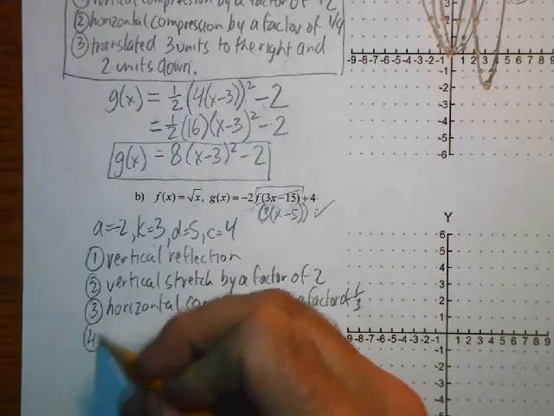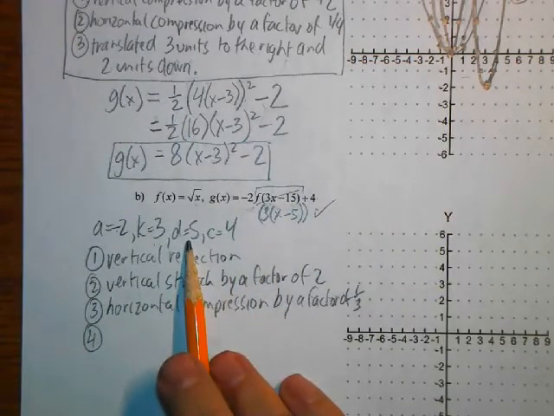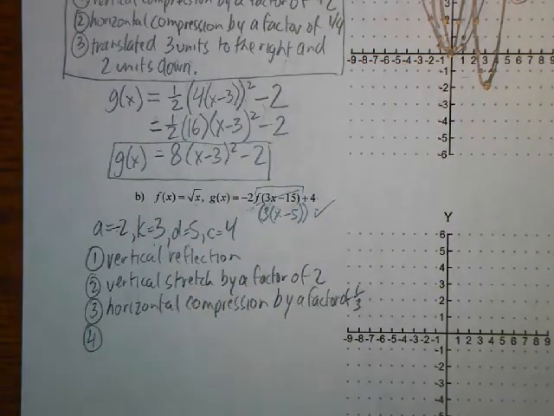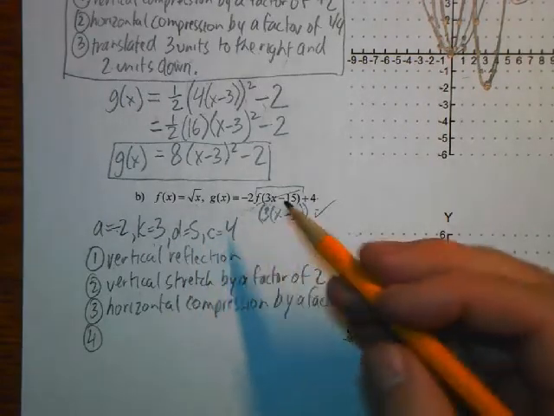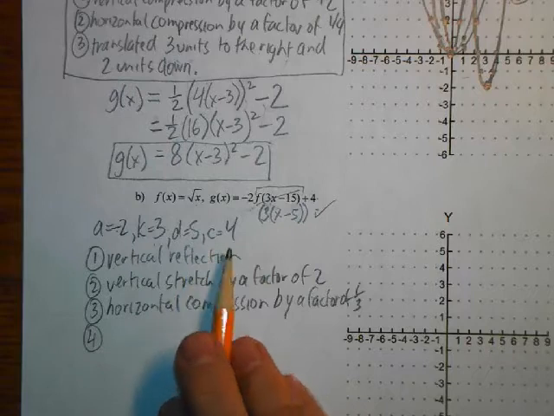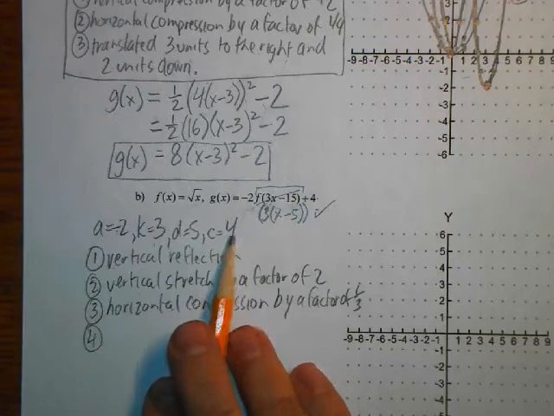So the last one I'll combine. So d equal 5 means that's a horizontal translation. So I could say translation 5 units to the right and 4 units up.